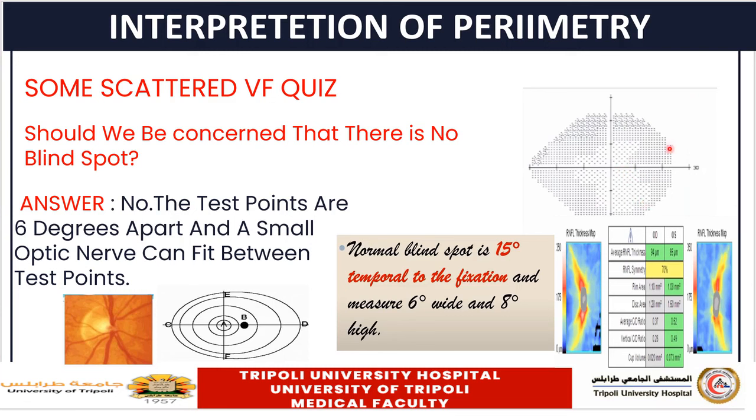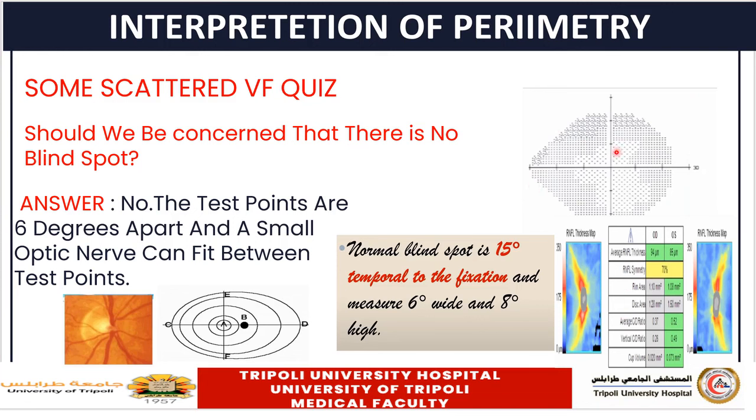That's why it is not always of concern when you find that there is no blind spot like this. For example, in this patient, the disc area is 1.25 square millimeter, which is a small optic disc. A normal optic disc is up to 1.8 square millimeter. So this should be kept in mind when interpreting the 24-2.